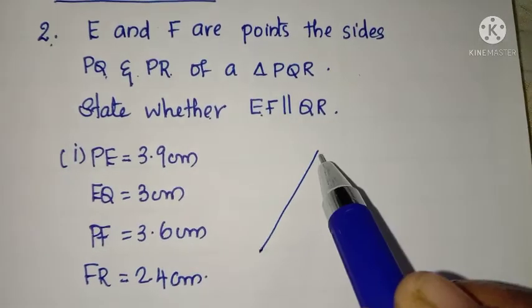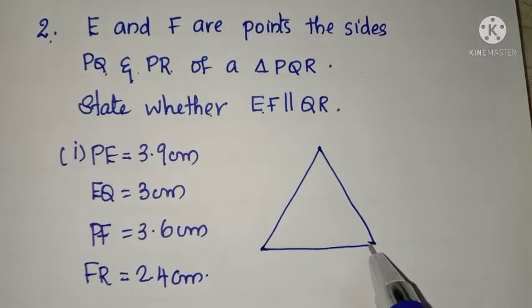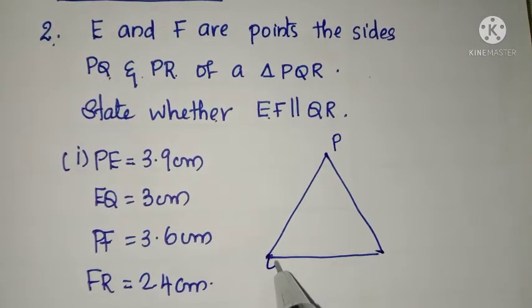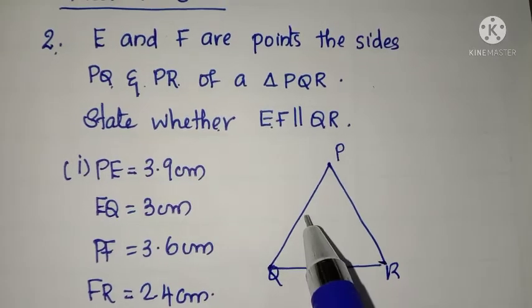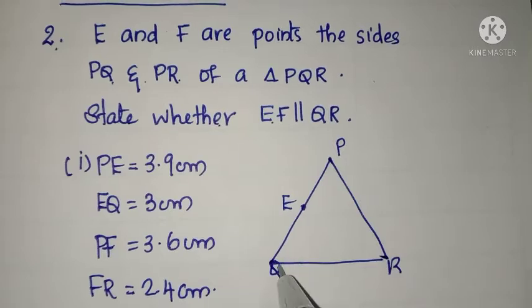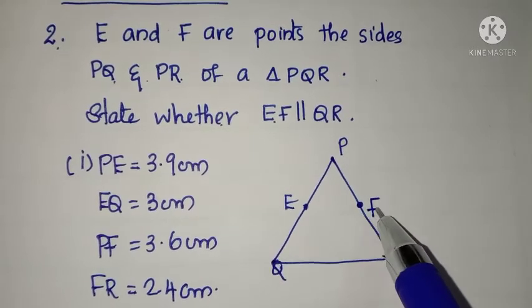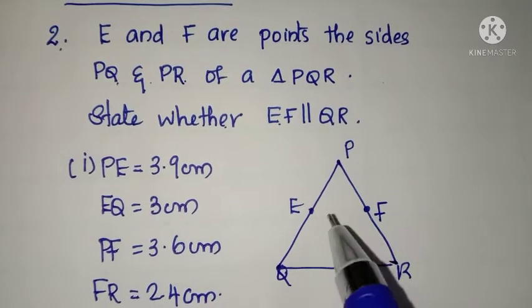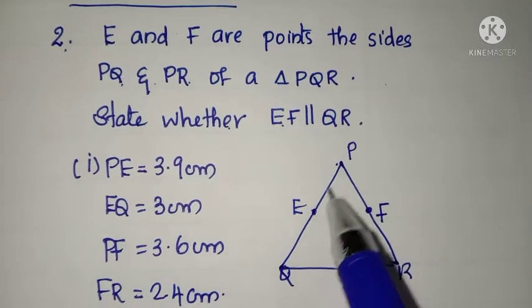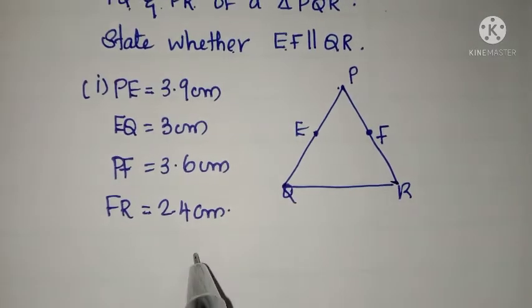So draw a rough figure. Draw a triangle PQR. E is a point on PQ. F is a point on PR. Now see the ratio PE by EQ.